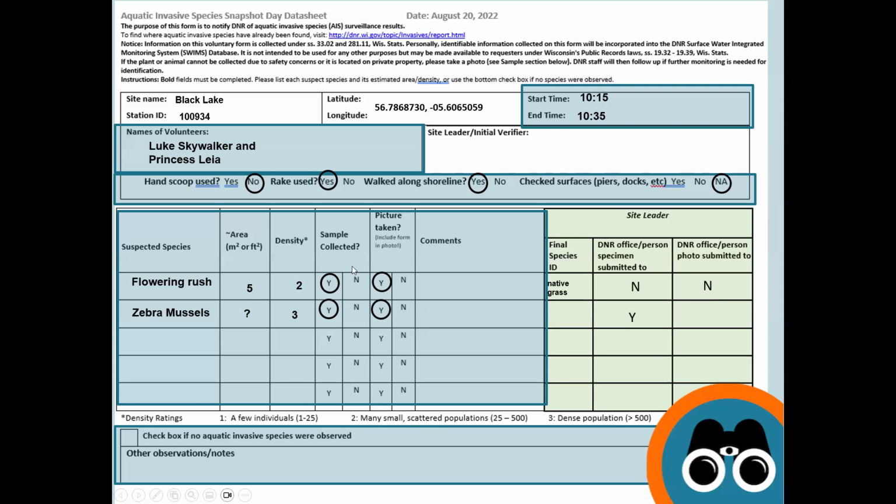What this is mostly used for is if you find a new population of something, you're basically giving information or a heads up to your site leader on what they can expect to find when they go out to verify your findings. So are they going to be looking for just a couple AIS? Or are they going to be hit in the face with a huge population? That's what you're indicating here. You're also indicating if you took a sample or took pictures, and then there's room for you to write comments too.